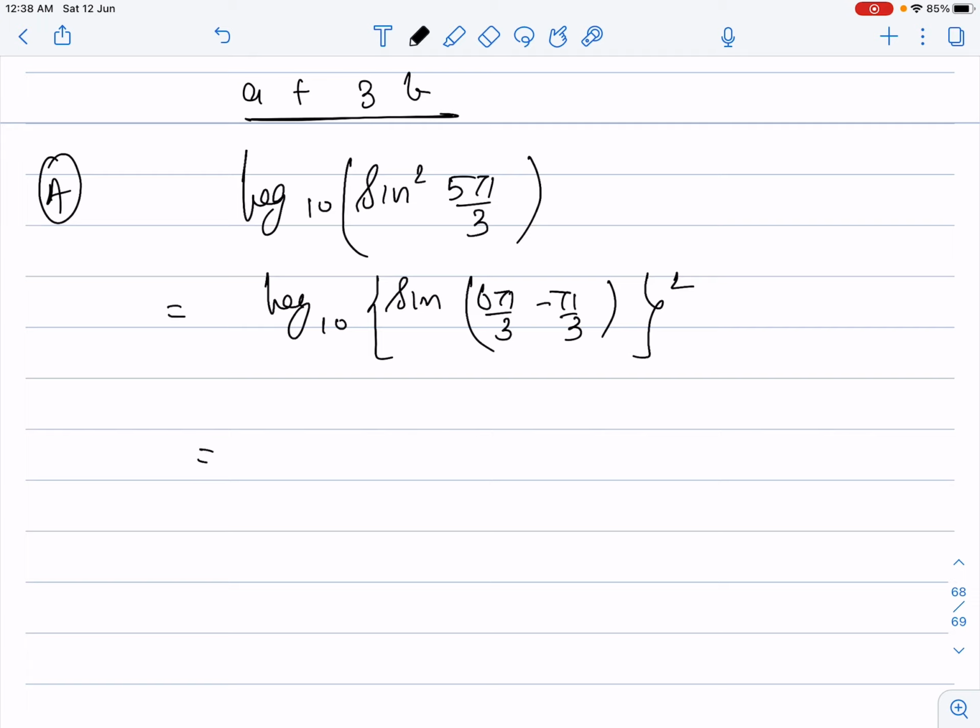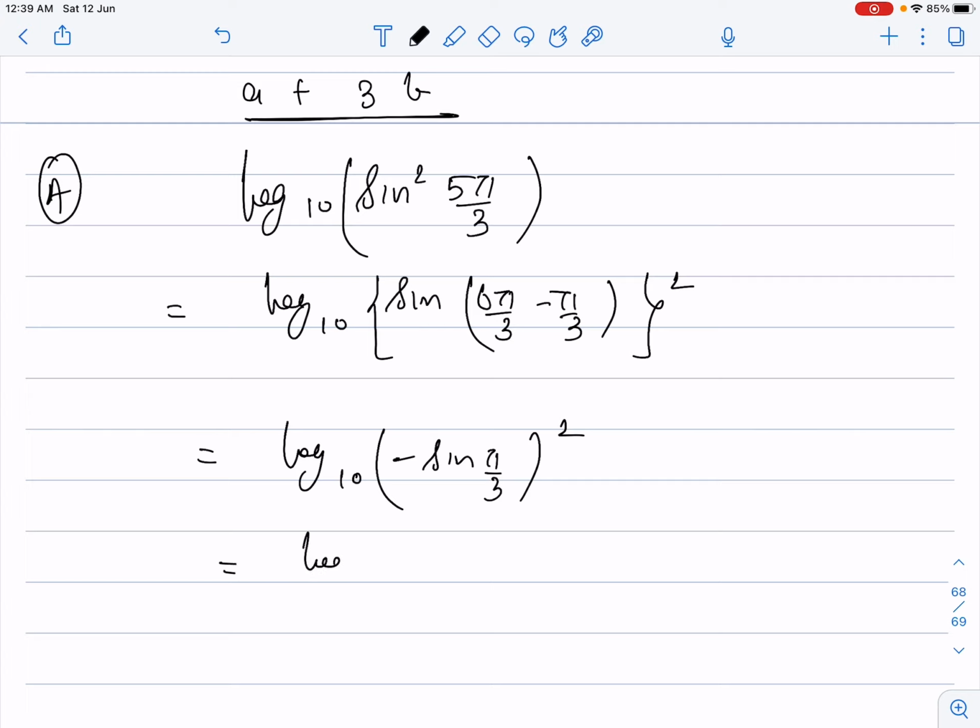So my dear students, what will we do? Either I can take 2 in front of it, but better is to square it here itself. So I'll be getting log of sine 2 pi minus theta is minus sine theta, okay? So minus sine pi by 3 and square of it has to be done by us.